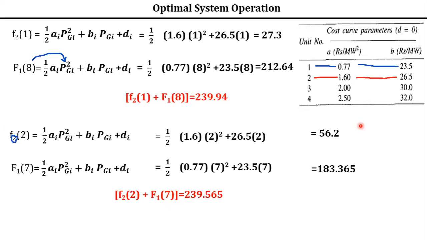What is the value of the fourth combination? The fourth combination will be small f2 of 3 plus capital F1 of 4. Sorry, 3 means 9 minus 3, 6. Sorry, 6.